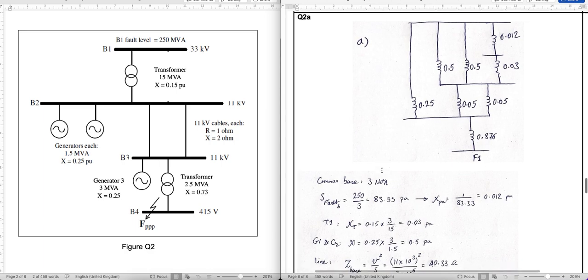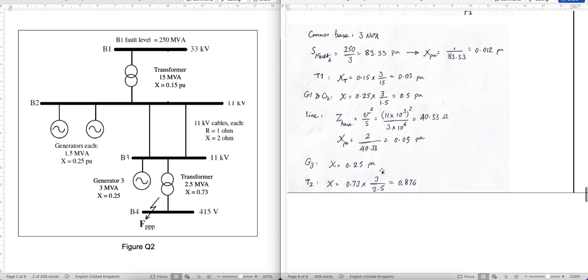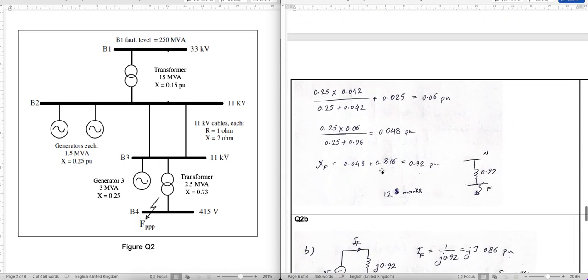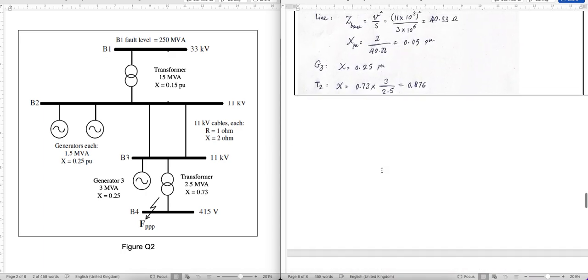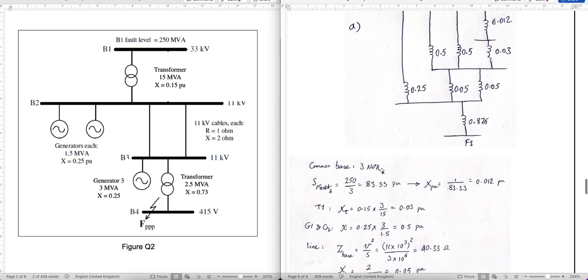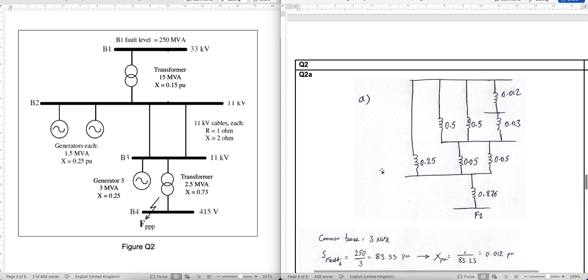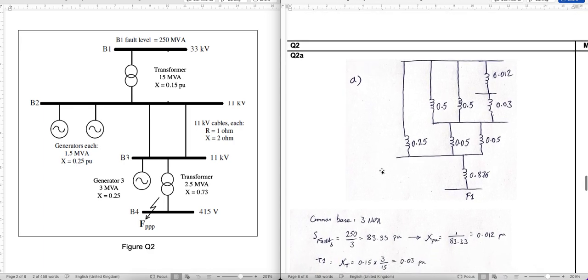So now you need to reduce this network. So reducing, I don't have actually the steps here, but basically you see these two are series, you add them, that is 0.042. These two are parallel.